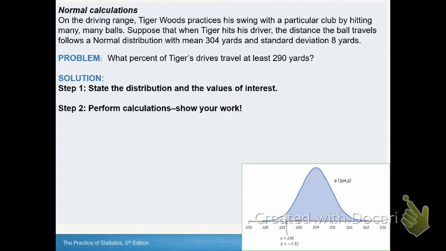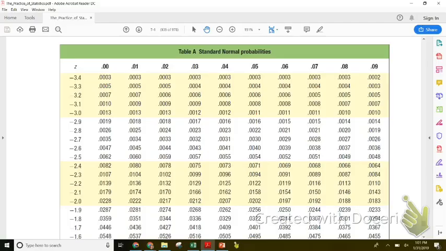From here, you can either use your calculator or use the z-table to find the appropriate percentage. Here's the z-table from either your book or your formula sheet, and we had a z-value of negative 1.75, so here's the negative 1.7, here's the 5, and the place where they meet would be our z-score.